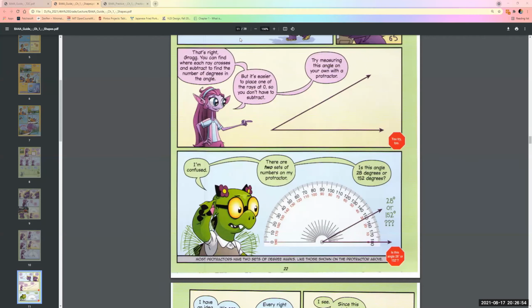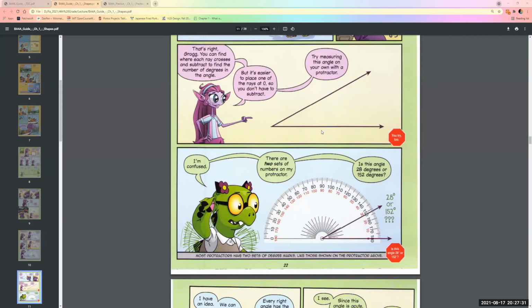So in this case, even if we started at 180, we would be doing 180 minus 152, because this ray ended up at 152 and this one at 180. And that gets us our 28 degrees. So this angle is indeed 28 degrees. And for most questions like this, since it's so easy, a quick inspection that this is under 90 degrees is usually the faster way to go. So good answer, good answer.